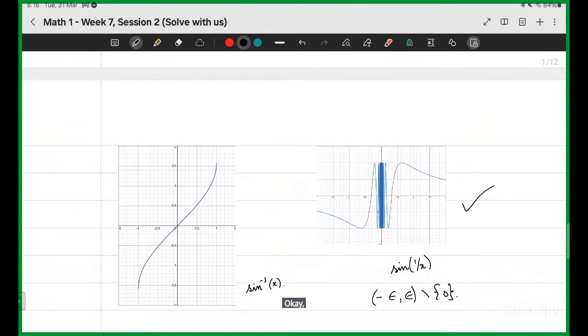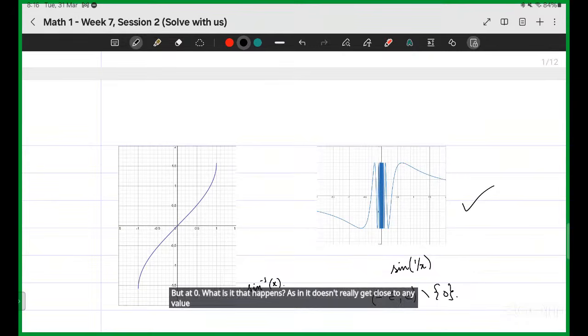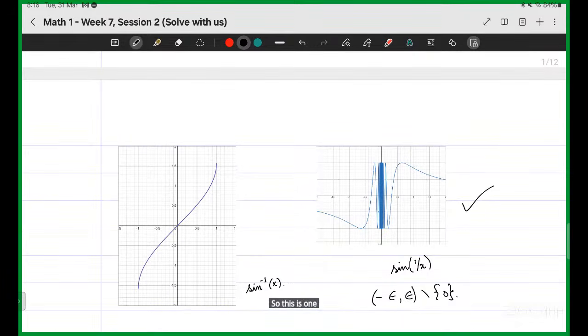Okay, sir. But at 0, what is it that happens? It doesn't really get close to any value. It keeps oscillating. So this is one of the ways in which discontinuity can happen. That is what we are trying to focus on.